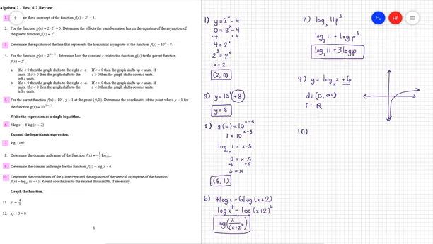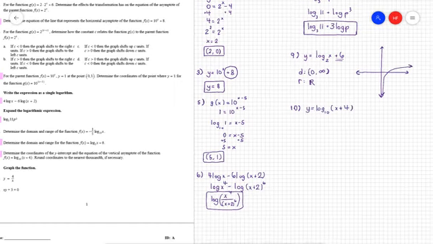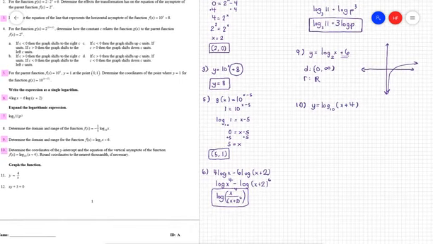Number 10, we want to determine the coordinates of the y-intercept and the vertical asymptote for this log function. So we're going to find the y-intercept, which means that x is 0.